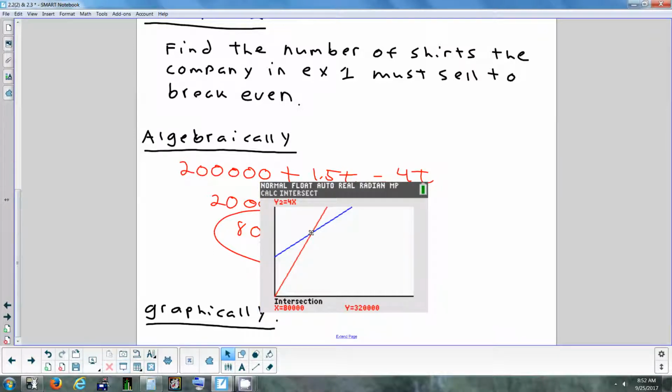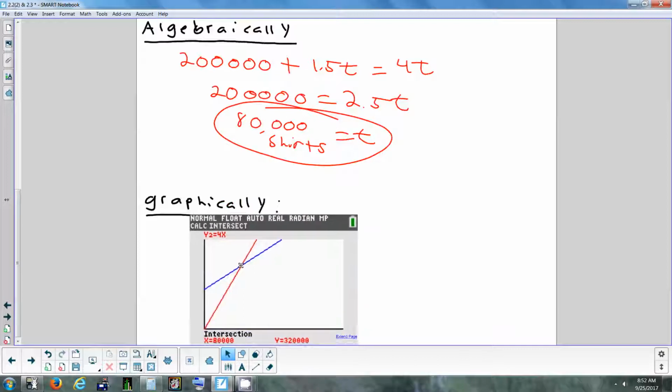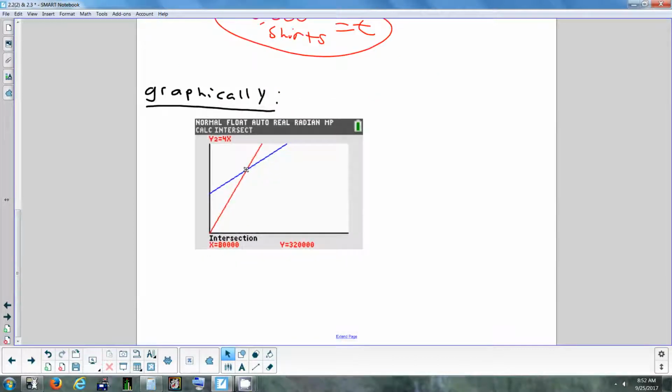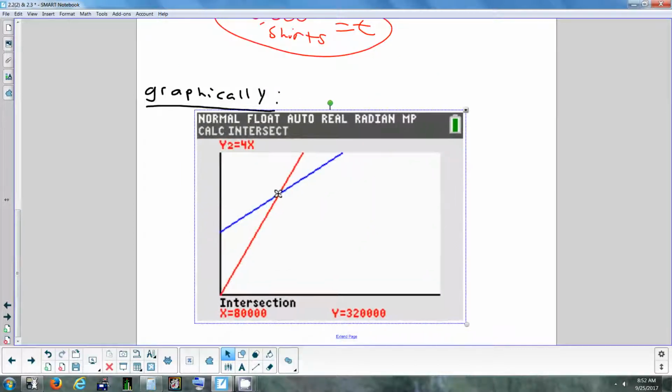All right, so if the company sells 80,000 shirts, what's their revenue? Not 210, if they sell 80,000 shirts.